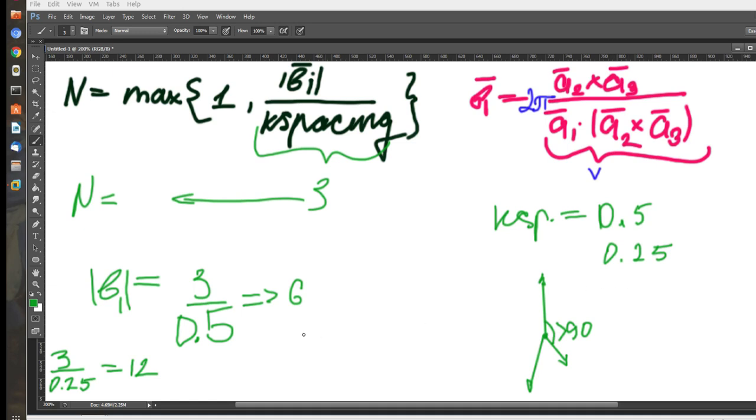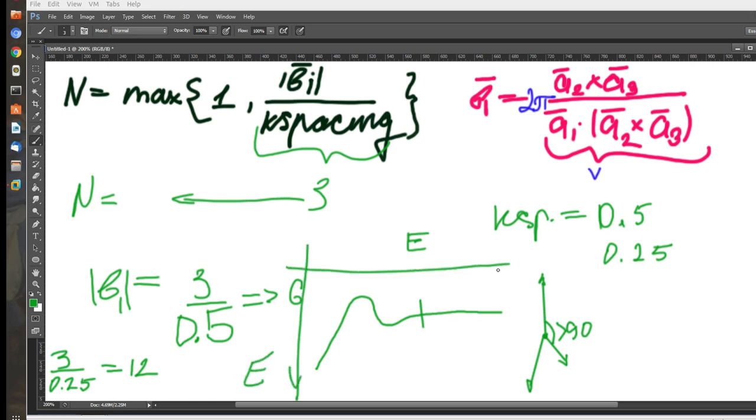Well, we should keep going until some number when we will have some kind of stable energy, after which increasing the number of K points does not increase the accuracy of our calculations. So here the energy should be negative, and this is K points.